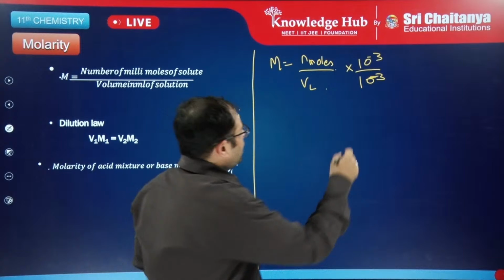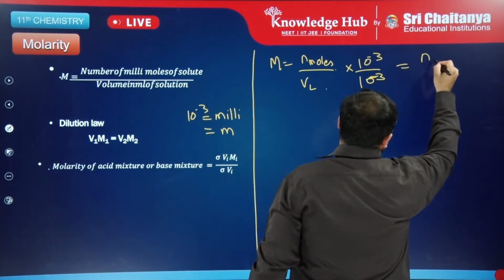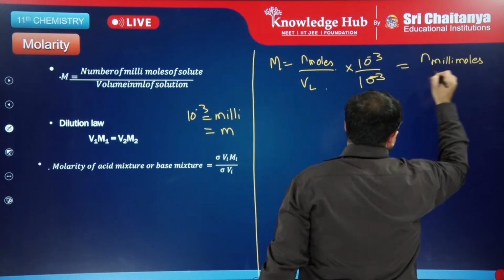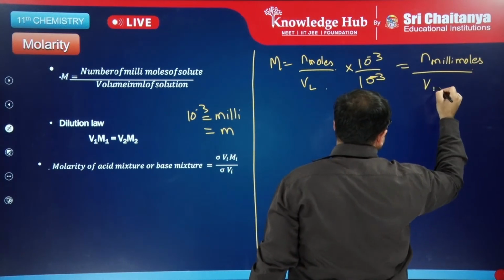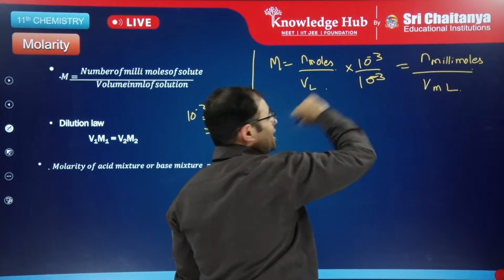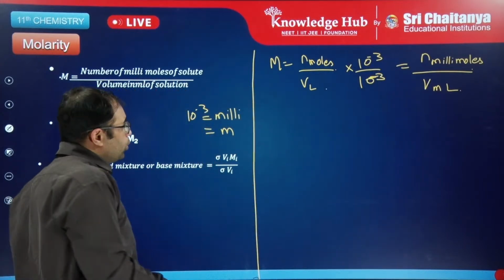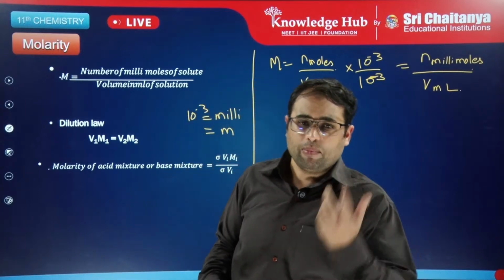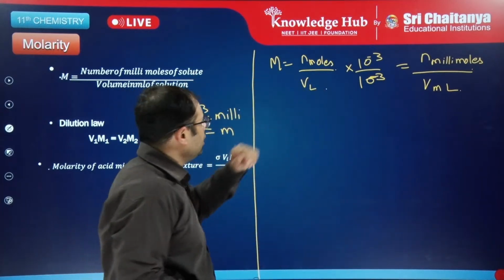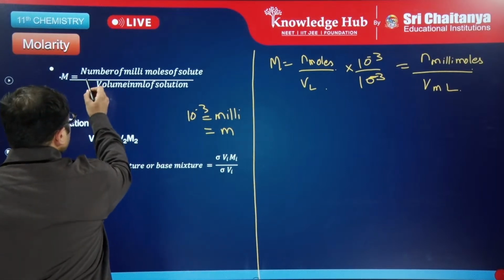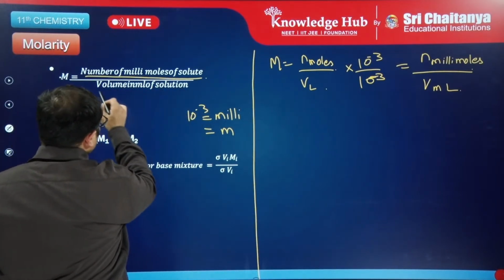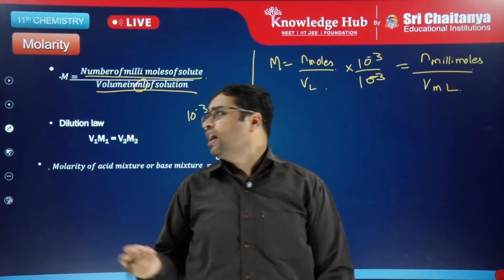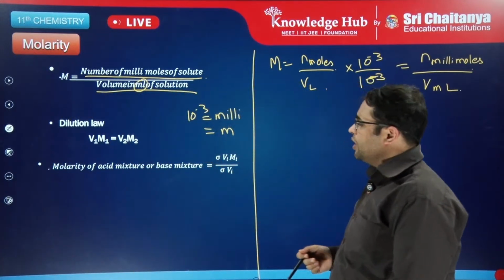So, when you multiply it, you will get n millimoles divided by volume in milliliters. So, even this is a formula of molarity. When both of them are in millis, you do not need to convert the ml to anything, the formula remains the same. That is why it is written there, number of millimoles of solute divided by volume in ml of solution. Even this formula can be used, right?